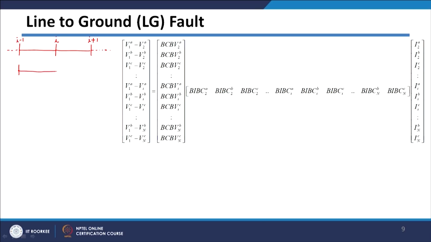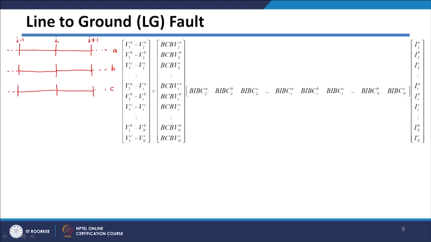Now I need to show B phase also. So this is your B phase, and this is your C phase, and these are also part of a very large system, so I should show dots here. So this is your A phase, B phase, and C phase, and let us say this line to ground fault is occurring on A phase.